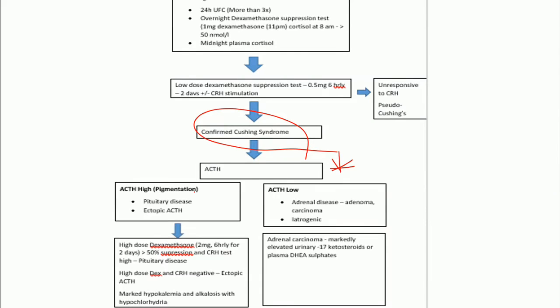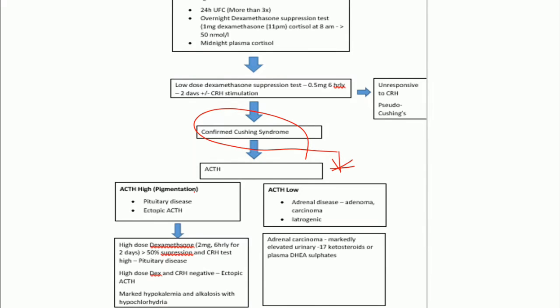Apart from that, a general principle is, in pituitary tumors, even though they have Cushing's, they still can demonstrate a little bit of regulation of their axis, of their CRH, ACTH, cortisol axis. So in pituitary, regulation is slightly intact. But in ectopic, there is no regulation. Right? There is no regulation at all in that axis.